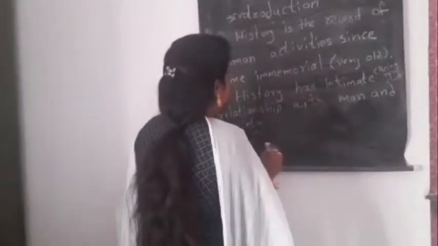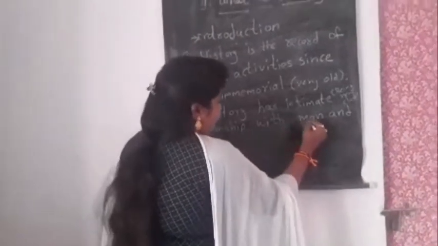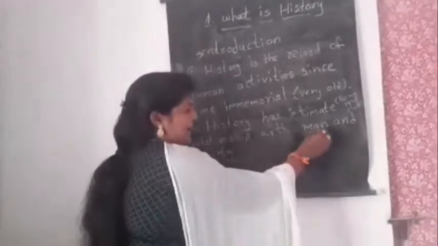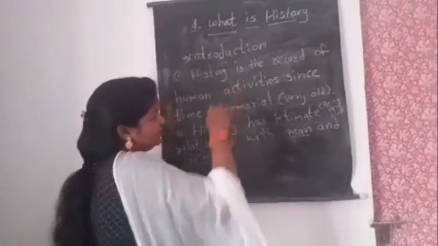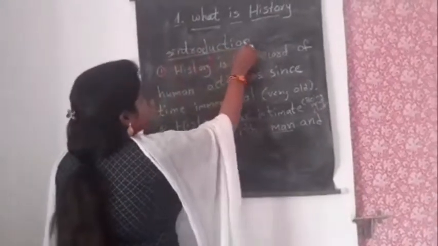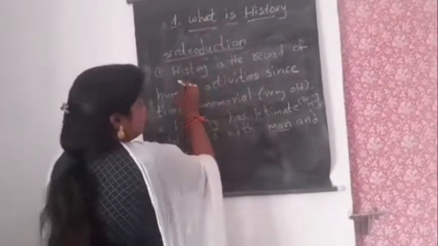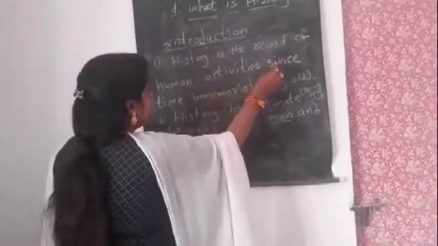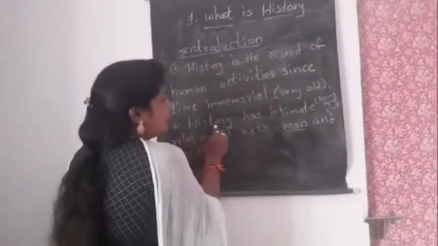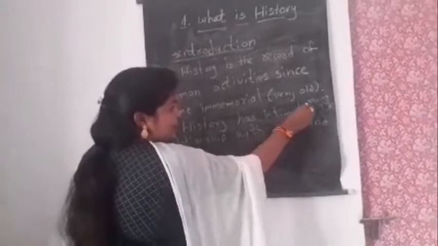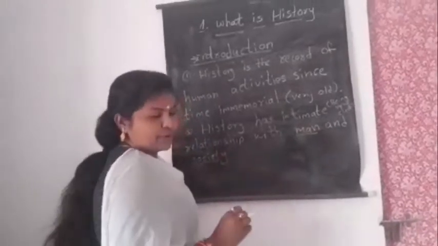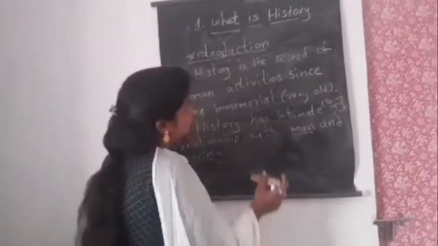What is the relationship between history, man and also society? Look at the two points. This is the introduction part. Our chapter is, what is history? History is the record of human activities since time immemorial. Immemorial means very old. Second point, history has intimate relationship with man and society. Intimate means being very close. Okay. Now, third point. Clear?